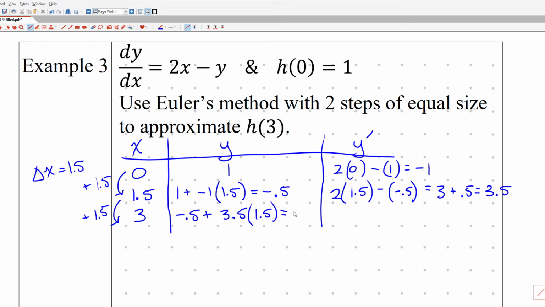And that'll be my answer. Okay, so let's do this off to the side. 3.5 times 1.5 is 5.25. So this is going to be negative 0.5 plus 5.25, and that is just 4.75. That's the answer we're looking for. So I can approximate h of 3 as 4.75.